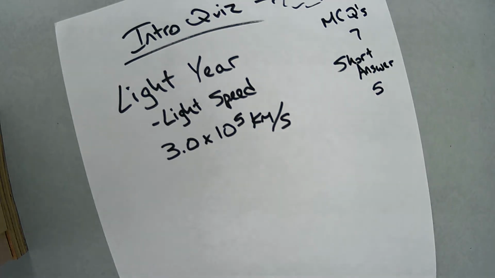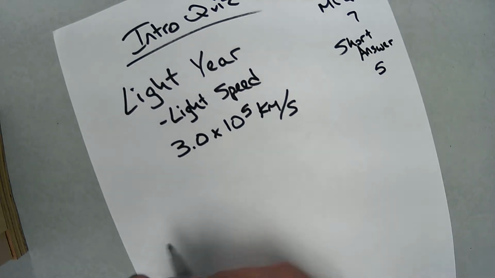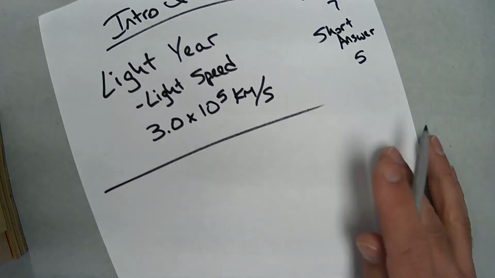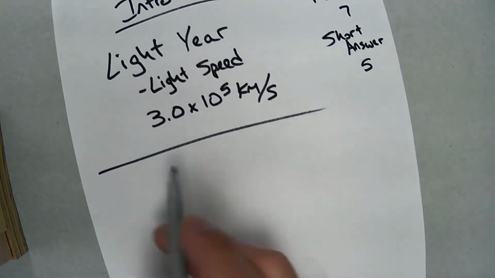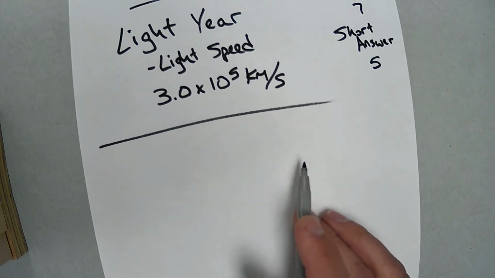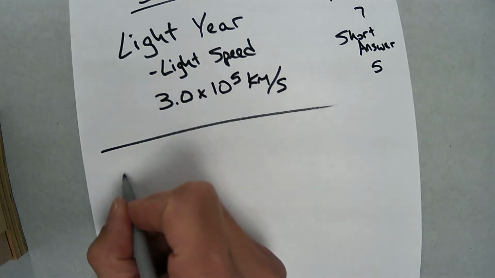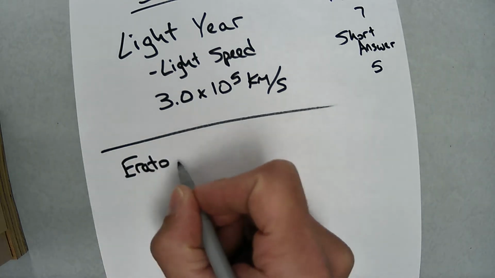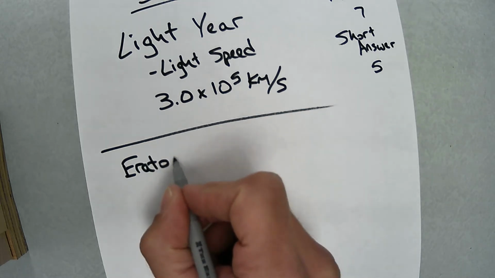Okay. Now, things you should know about the short answer. One of the short answer is that light speed question I was just talking about. But another one is related to the Eratosthenes video, which you are watching the day before this test.